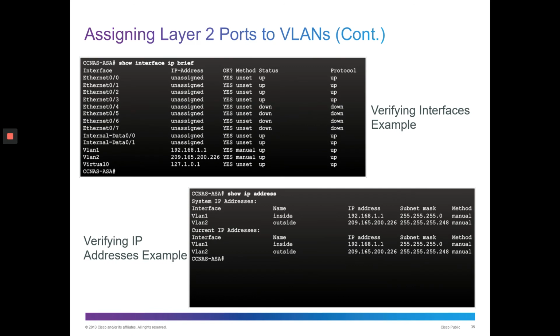Again, you have something called show interface ip brief. You have a list of interfaces and their status. This is similar to what we have, but instead of saying show ip interface brief, it says show interface ip brief. I don't know why they decided to change it, but this is how it is.